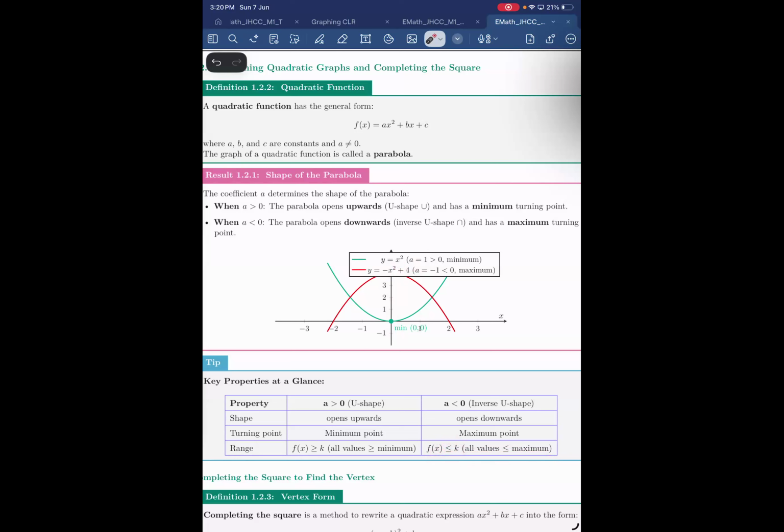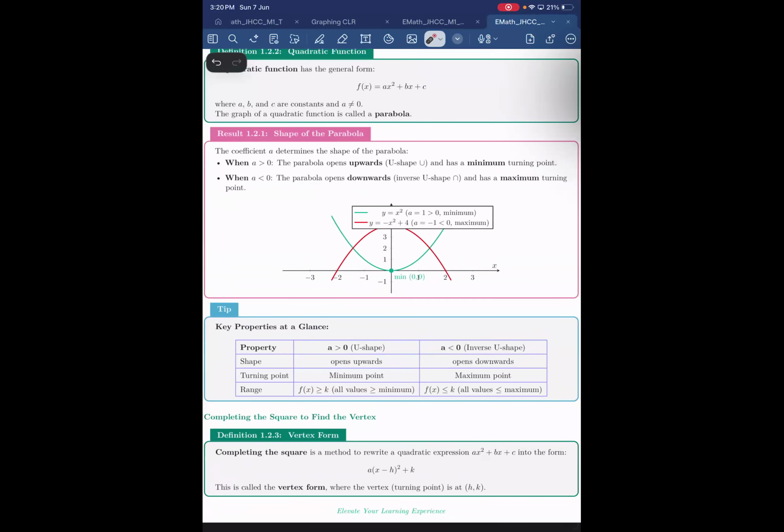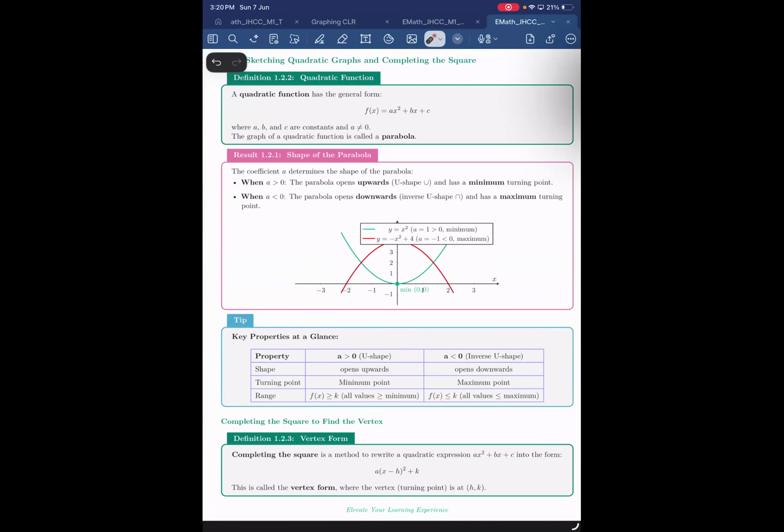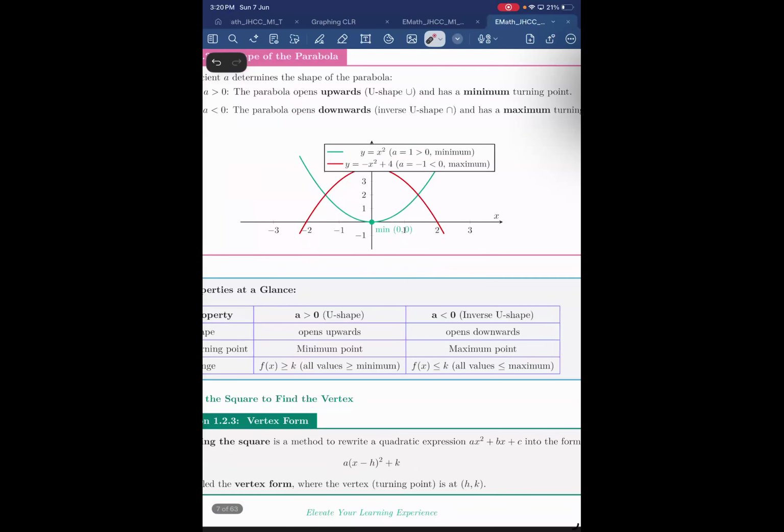Then how do we find this extreme value? Given some random quadratic function, how do we find the coordinates of this guy? It is to complete the square. You can get the completed square form has this form: a times x minus h squared plus k.